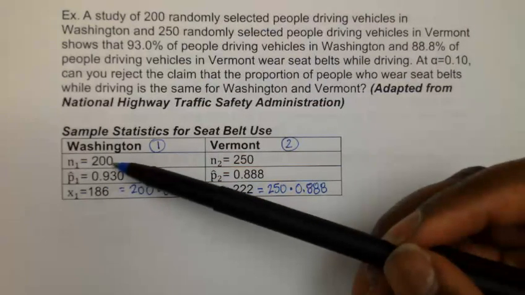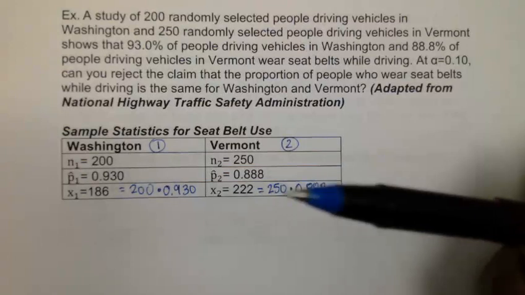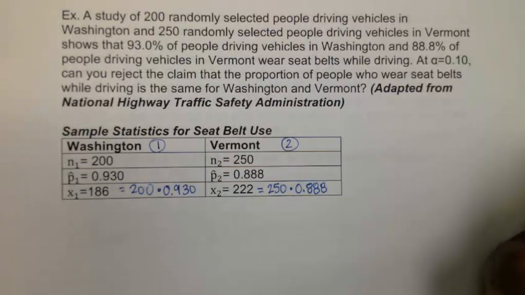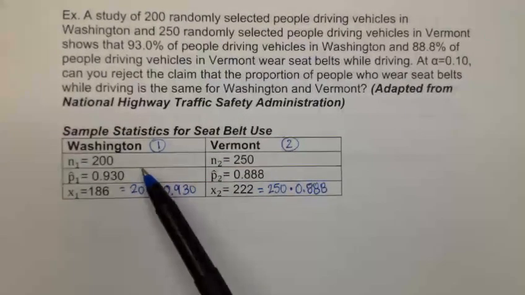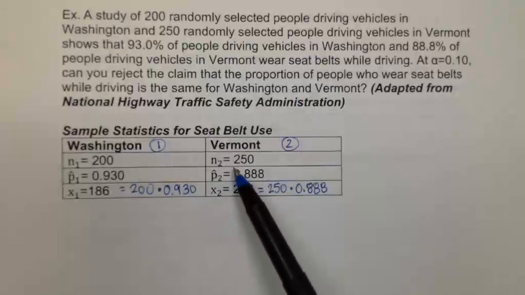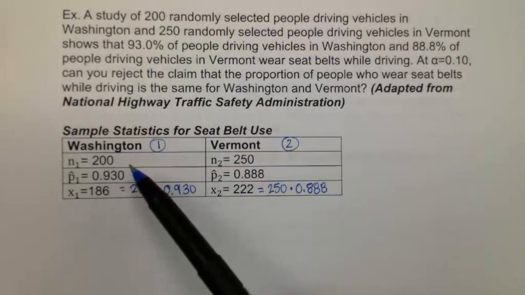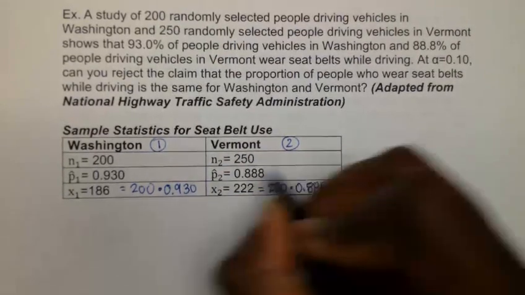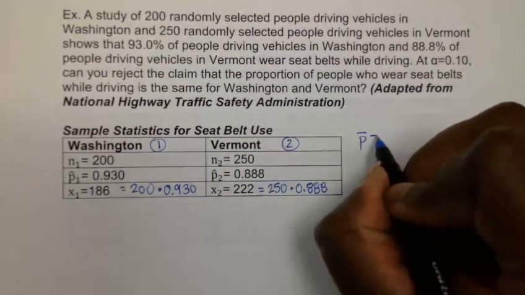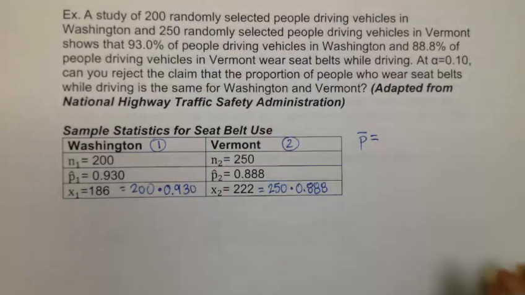So 200 times your p hat and 250 times your p hat. That's how you check your actual weighted mean to make sure you can do the problem.